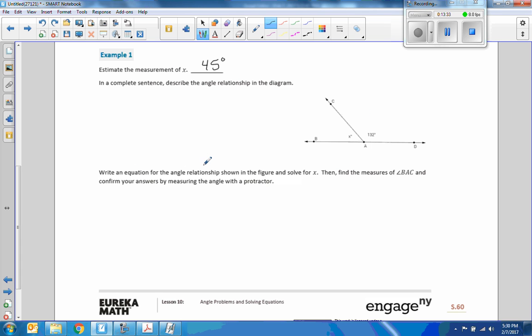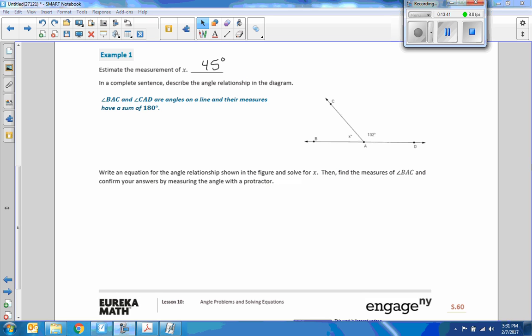And it says, in a complete sentence, describe the angle relationship in the diagram. Okay, so angle BAC and angle CAD are angles on a line, and their measures have a sum of 180 degrees. Let's point this out to you.